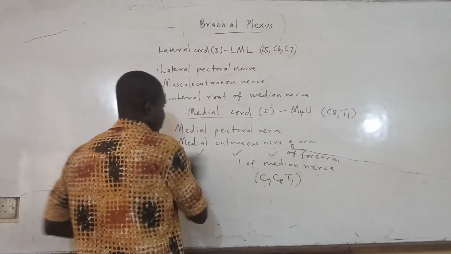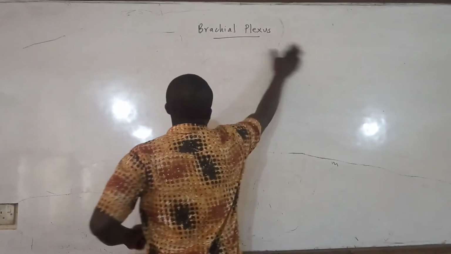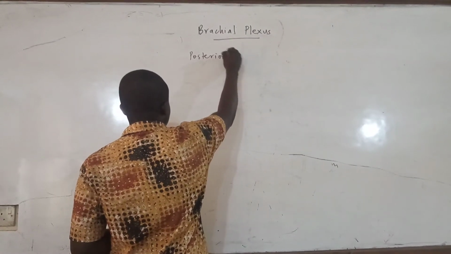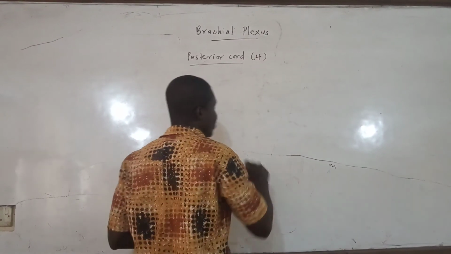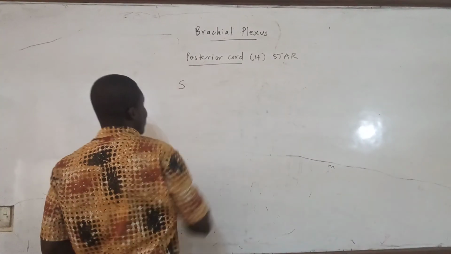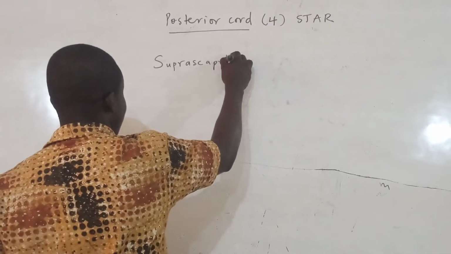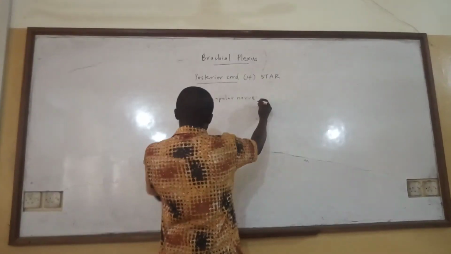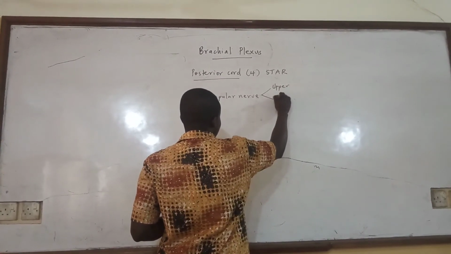Now, the next one, which is the posterior cord. We said it has 4 branches simply by this mnemonic STAR. So once you remember STAR, there's S for suprascapular nerve, and actually the suprascapular nerve will have the upper part and the lower part.